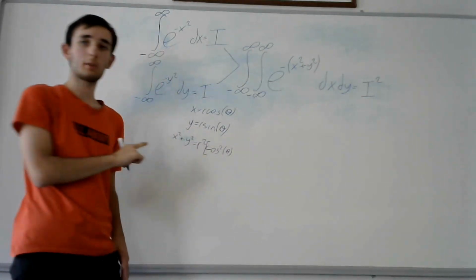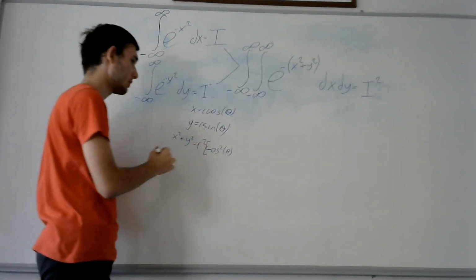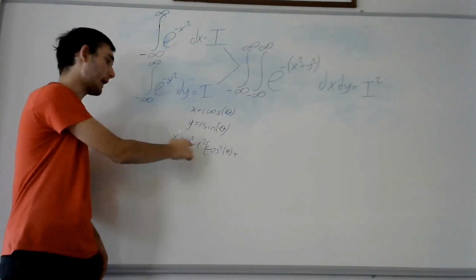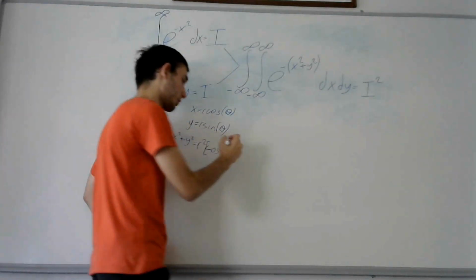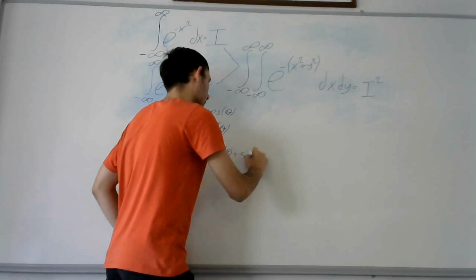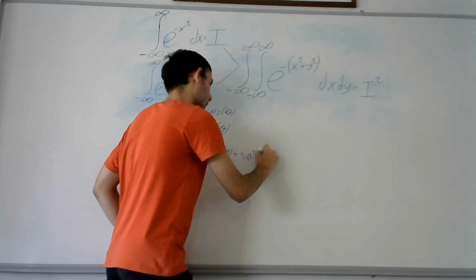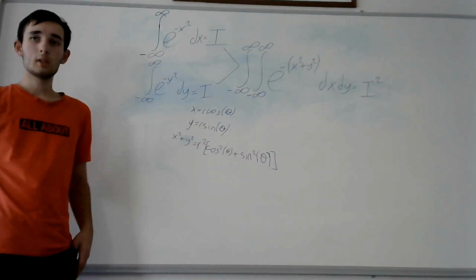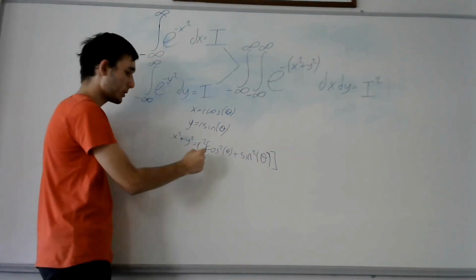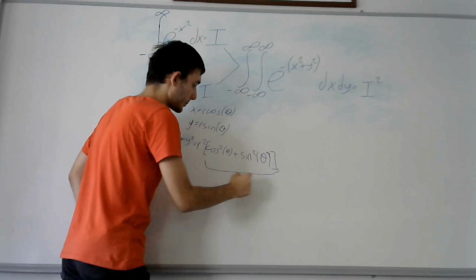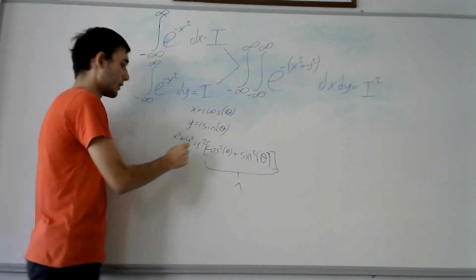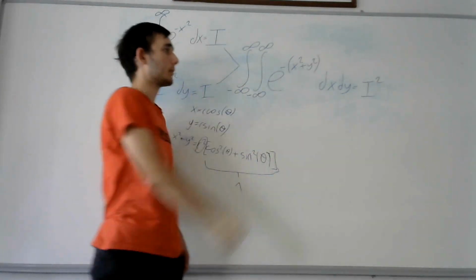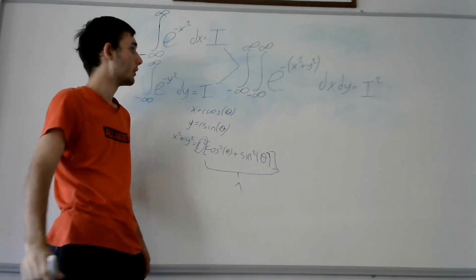I'm going to factor out the r squared here to make things much easier, plus r squared sine squared theta, but again, I factored out the r squared, so just sine squared theta here. And using trigonometric identities, we know that this whole expression is just equal to 1. So we only end up with r squared instead of x squared plus y squared.